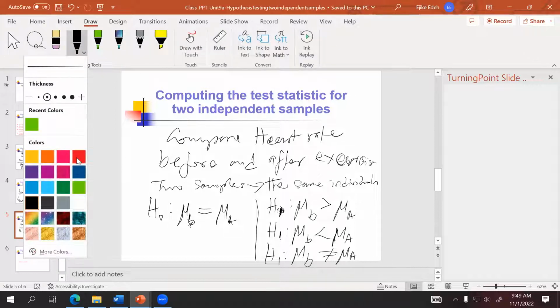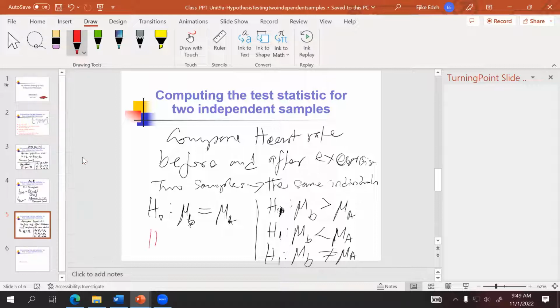I could decide to rewrite what I have here as H naught: mu before minus mu after is equal to 0, right? And that makes sense because if mu before and mu after are equal, according to this statement here, then if I subtract them from each other, I get 0. So this is a different way of writing the null hypothesis.